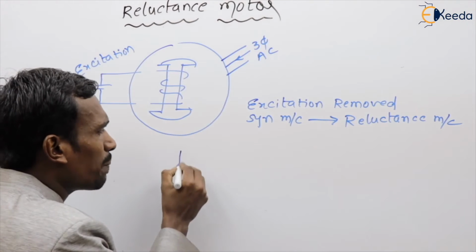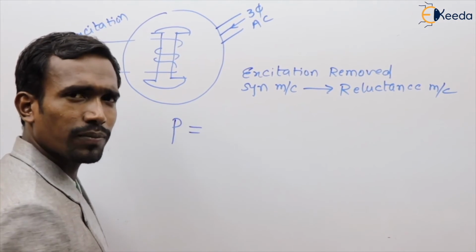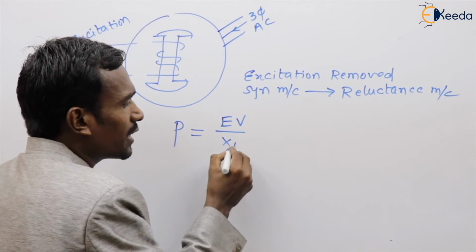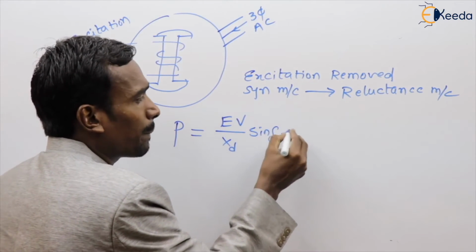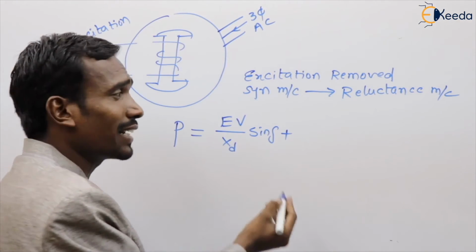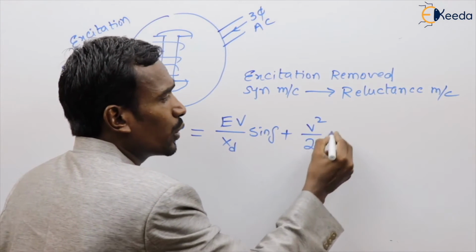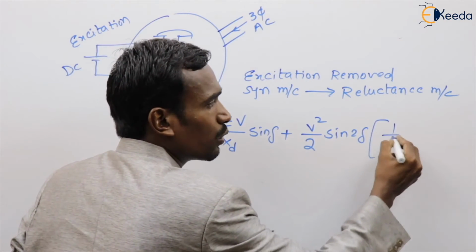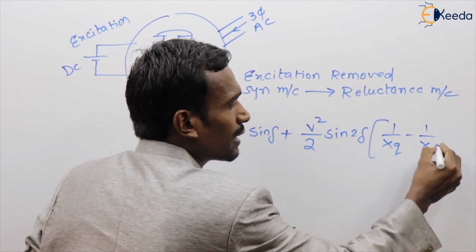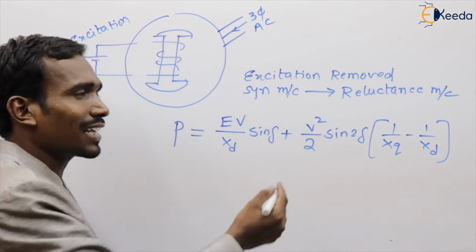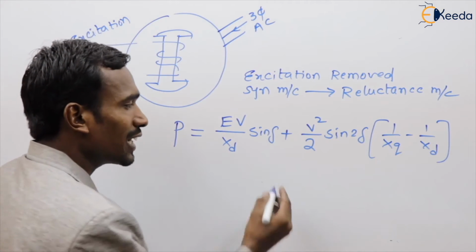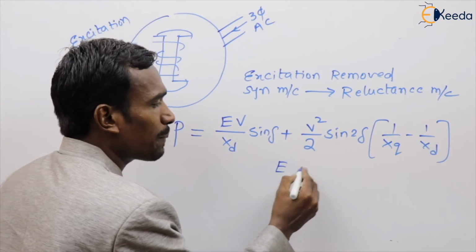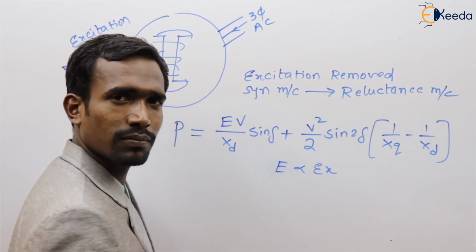Do you have an idea of the power equation of a salient pole machine? The power equation of a salient pole machine is equal to EV by XD into sine delta plus V square by 2 into sine 2 delta into (1 by XQ minus 1 by XD). You already know the EMF is directly proportional to excitation.